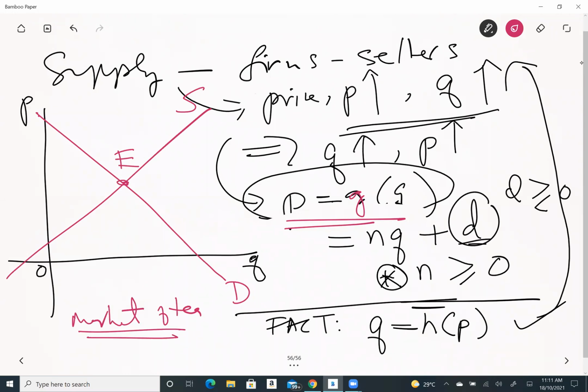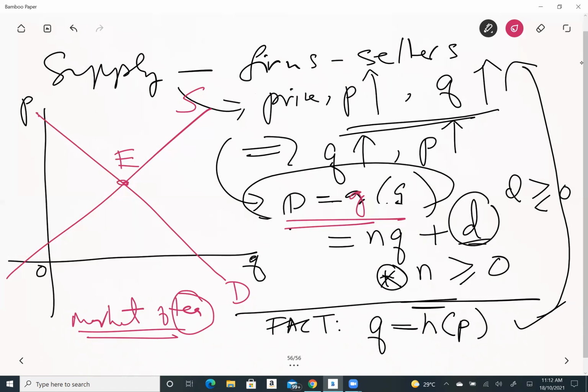Of course, a market for the country is possible too, but for one good. So this market can be the local market of tea in Gombak, in Ipoh, in Malaysia, or in Kuching. It doesn't matter. You can have a market of tea in Mecca. So you have a market of one good, which can be tea, computers, or cars.